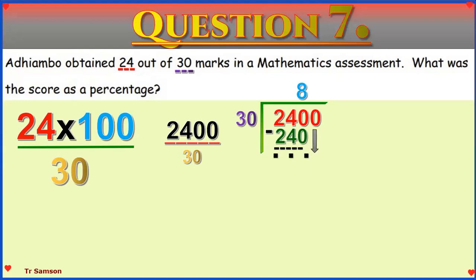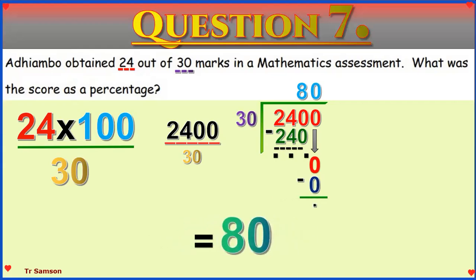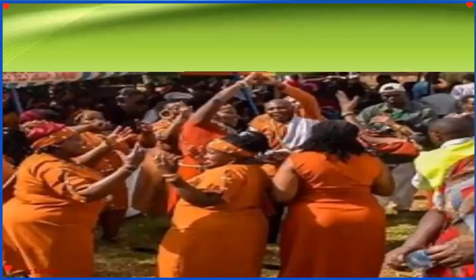Never drop and say that is remainder. No. So when you drop, a smaller number is divided by a bigger number 0 times. So 0 times 30 is 0. Then you take away. So the correct answer here is 80%. It was as simple as that.